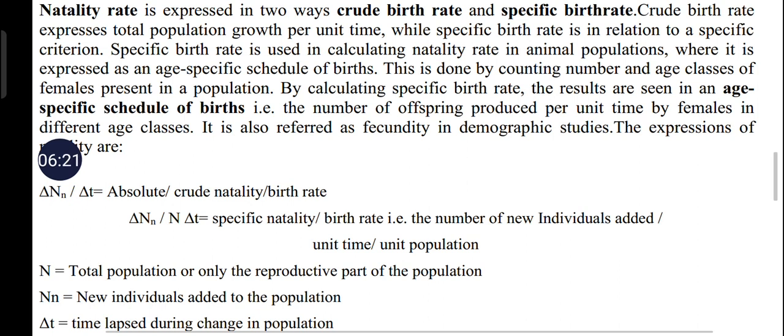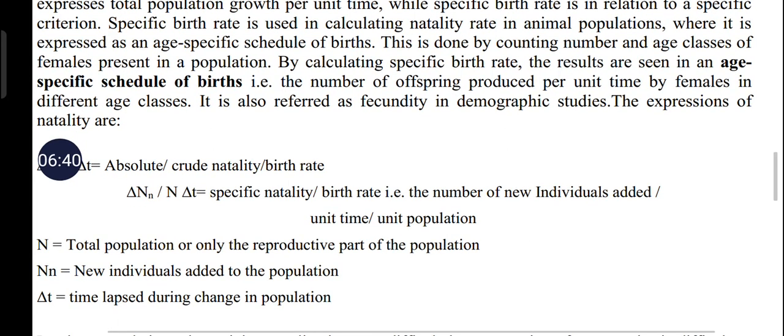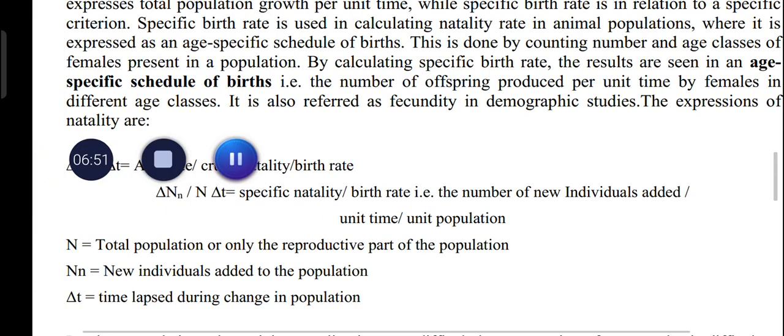This is done by counting the number and age classes of females present in a population. By calculating a specific birth rate, the results are seen as an age specific schedule of births. That is, the number of offspring produced per unit time by females in different age classes. It is also referred to as fecundity in demographic studies, the expression of natality.